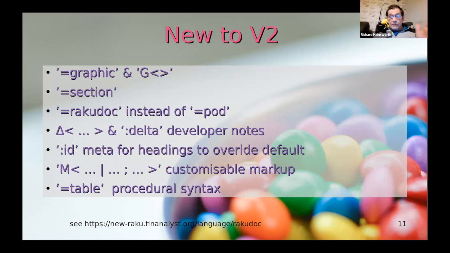So for example, if I'm writing something and I have the pipeline for managing plugins system as a header, I don't want to have to refer to that every time with the whole name, which is what I would have to do if I was using standard RakuDoc. I can now say simply plugins and put it in the ID, and then forward reference that every time I wanted to reference that particular heading.